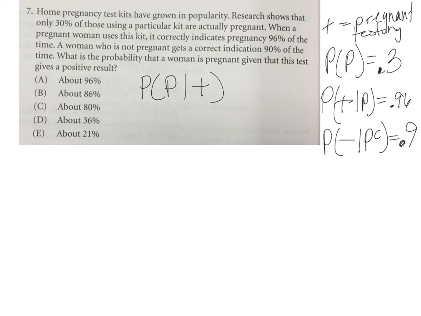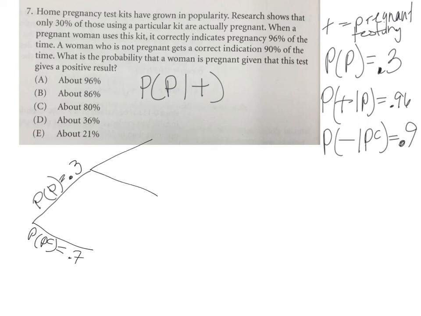So let's see. We start our branch with the probability that the person taking the test is actually pregnant is 0.3. The probability that they're not pregnant is 0.7. And now we use our conditional probabilities here. The probability that they get a positive given they are actually pregnant is 0.96.